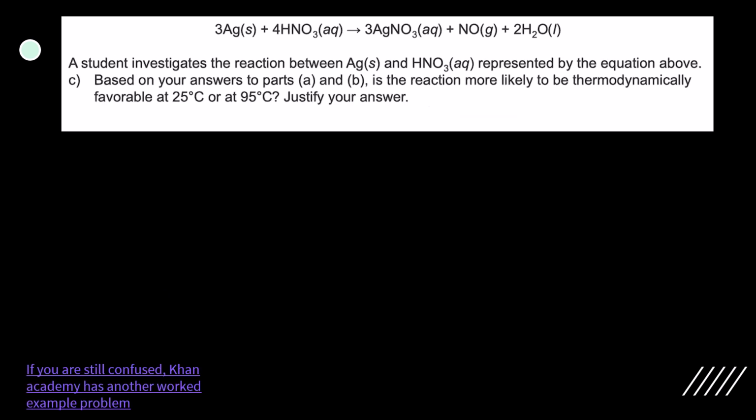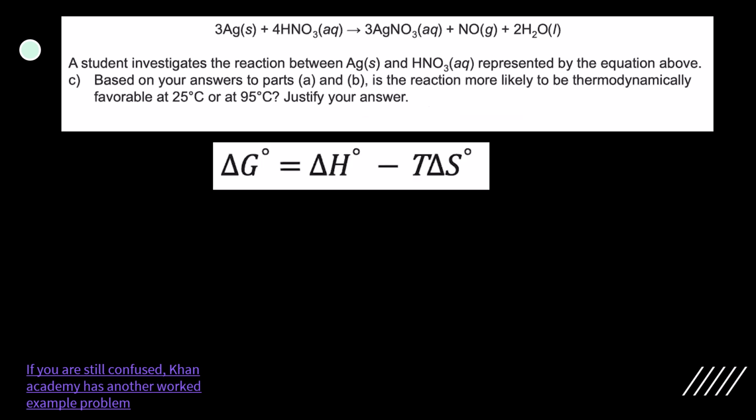So let's go ahead and think about this. Based on your answers to parts A and B, is the reaction more likely to be thermodynamically favorable at 25 degrees Celsius or 95 degrees Celsius? So what you need to do is think about this equation again.